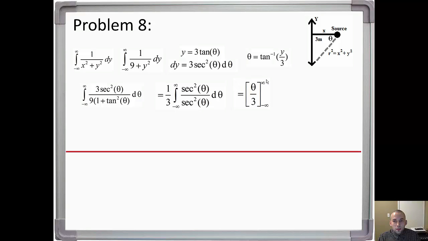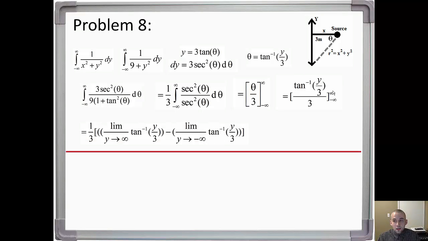So now, what's the integral of d theta? It's just theta, from infinity to negative infinity, over 3. But we know that theta is equal to tan inverse of y over 3, so we sub that in. Now, because it's from infinity to negative infinity, we have to take some limits. The limit of tan to the negative 1 of y over 3 as y goes to infinity is equal to pi over 2.